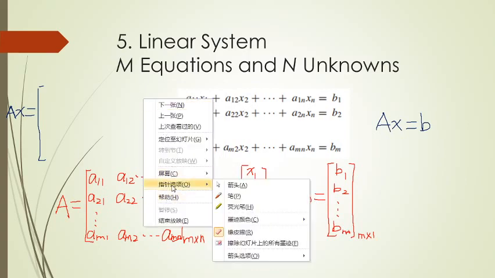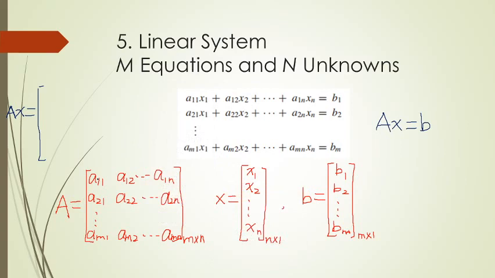How can we operate it? Ax, so that will be the first row. The first row is the coefficient in the first equation, A11, A12 until A1n. Then times the column for the x. So that becomes A11x1 plus A12x2 plus A1nxn, right?